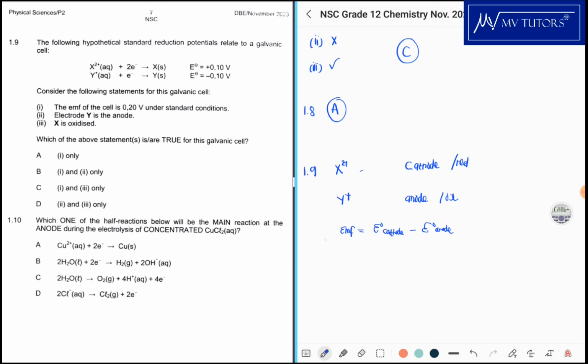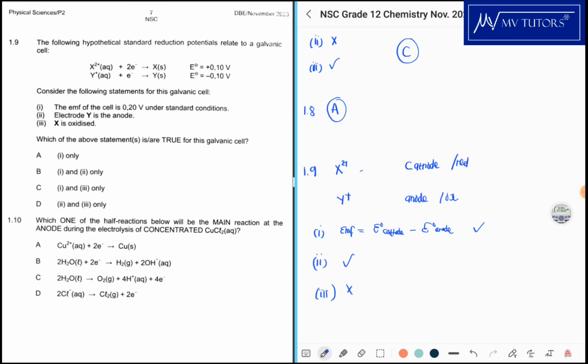So I agree with statement number 1. Statement number 2 says electrode Y is the anode. Yes, we did say that. And statement number 3, X is oxidized. No, remember X, we said it is the cathode, so therefore it is reduced. So that is not correct.